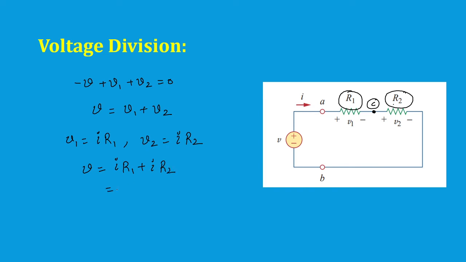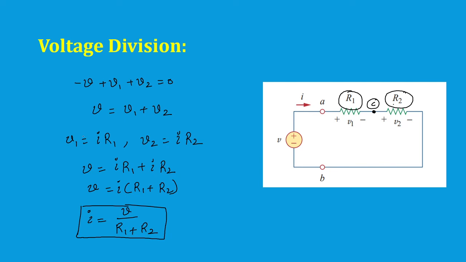Taking I common, this becomes (R1 plus R2) times I equals V. So the current I is V by R1 plus R2. Very simple. If I know the current flowing through both elements R1 and R2, I can easily calculate the voltage it is carrying.